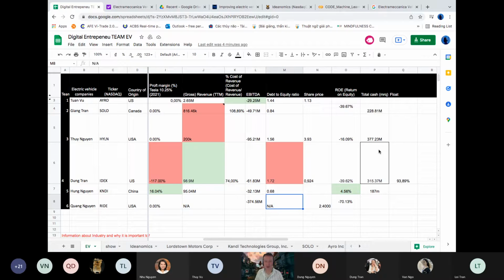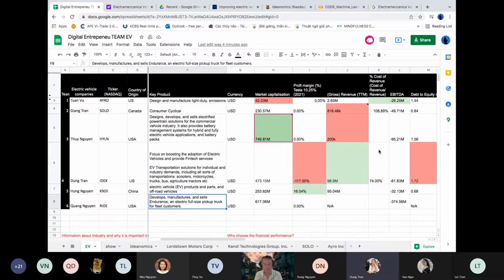All right. Is there anything else you want to tell us in this overview? So from our observations, we can see that the major weakness, but we don't really think it's a weakness, it's like a feature of companies in the industry. They have really high cost of revenue.